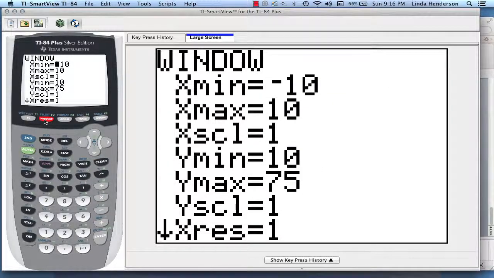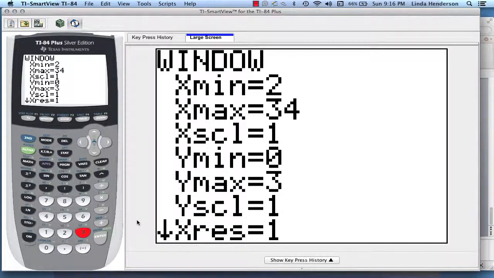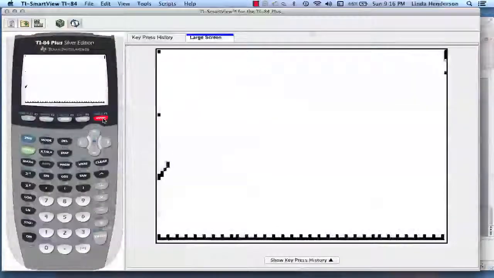Remember, it was only good for t-values between 2 and 34, so it might be good to let our x's be that. And maybe do a y of 0 up to just 3 or so. Let's see how that looks.